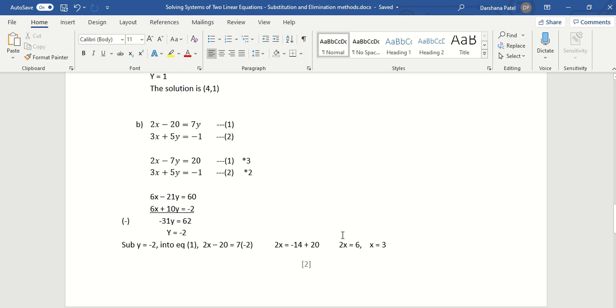So for the second one, if I put 3 here, 3 times 3 is 9, plus 5 times negative 2 will be negative 10. 9 minus 10 will be negative 1. So it works here too. So the solution x equals 3, y equals negative 2 works in this system of equations. This is the method of elimination because we are getting rid of one of the variables.